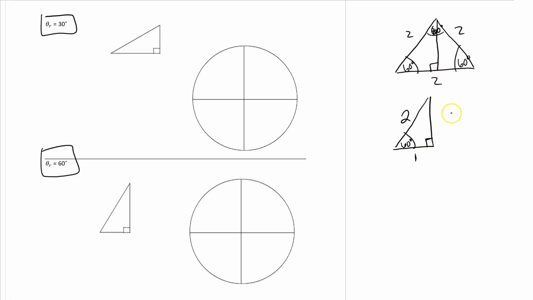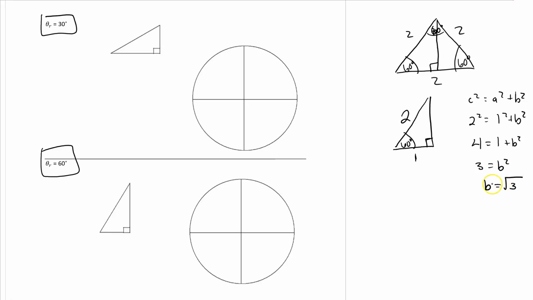Now we can find out what this is by using Pythagorean theorem. So I'm going to say c squared equals a squared plus b squared. My hypotenuse is going to be 2, so 2 squared equals, one of my lengths here is 1 squared plus b squared. 4 equals 1 plus b squared. 3 equals b squared, so that means that b equals the square root of 3.